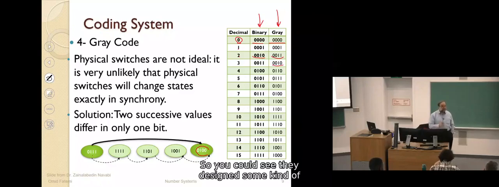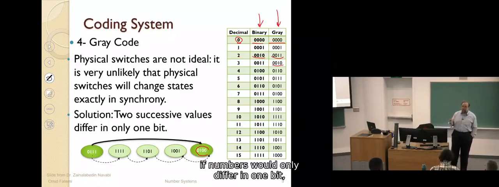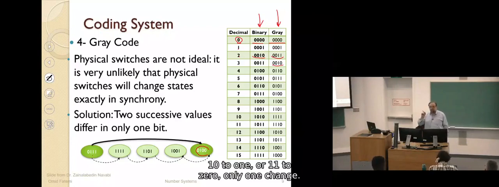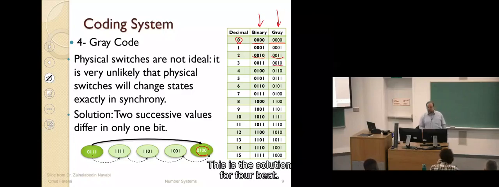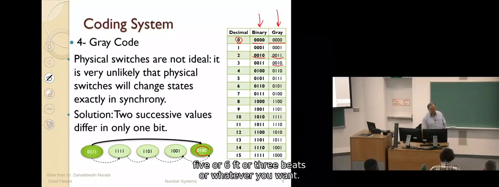So you can see they designed codes where two successive numbers differ in only one bit, either 0 to 1 or 1 to 0. Only one change. This is their solution for 4 bits. You could find it for 5 bits, 6 bits, 3 bits, or whatever you want.